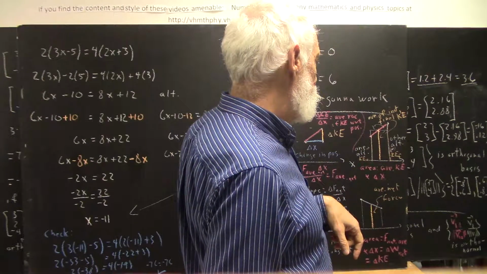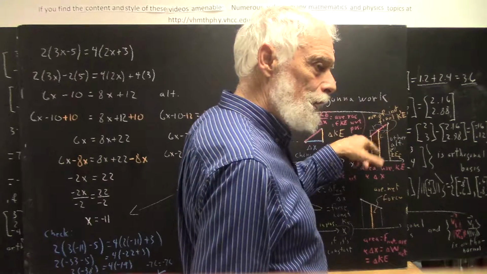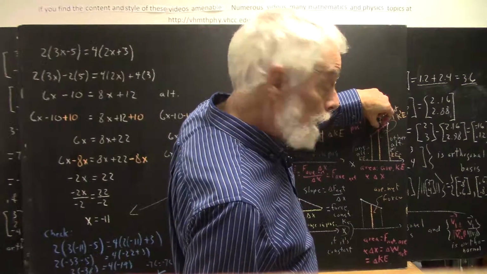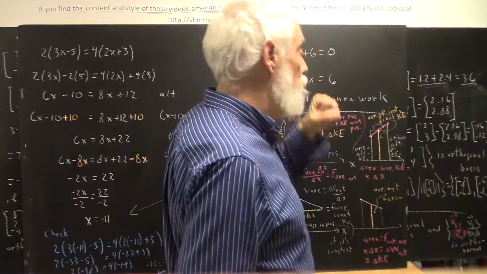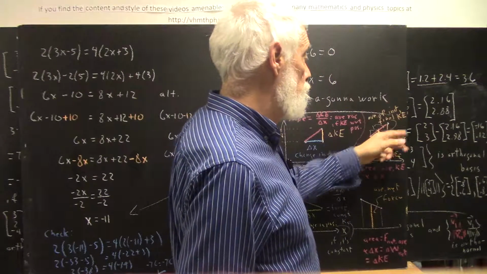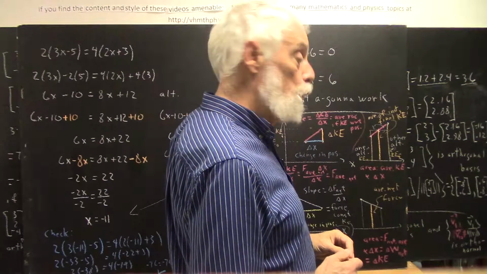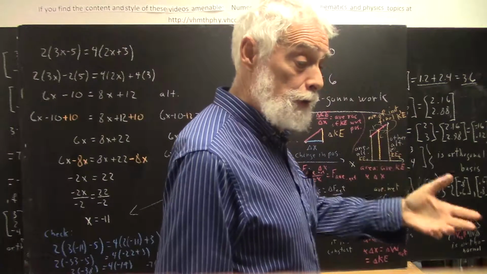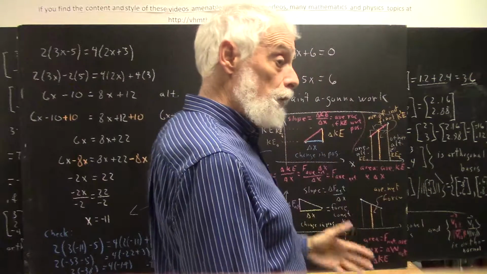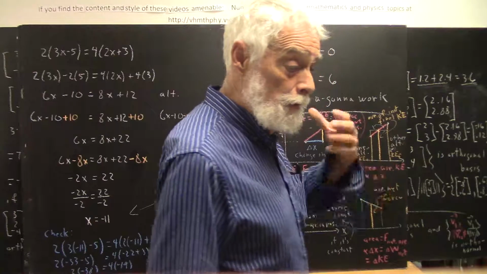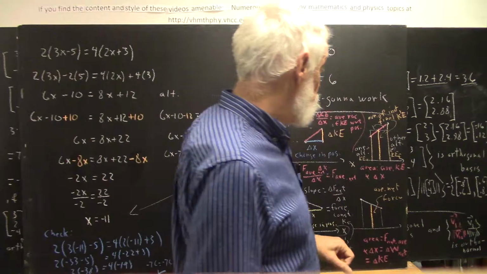The average of your initial and final is not the actual average. But these are nearby points, and if they're nearby enough, the difference between the actual average and the average of the initial and final becomes insignificant, and you need to think about and understand why. And you should relate that to what you should understand about the meaning of the integral and the fundamental theorem of calculus and how it's proved.